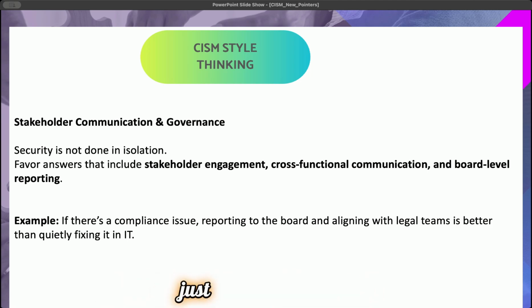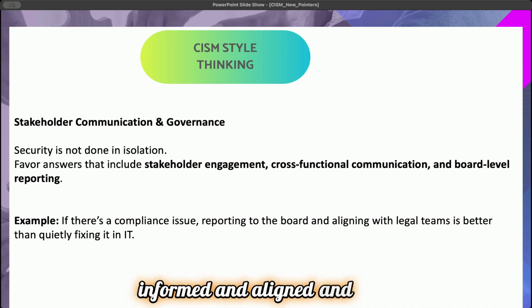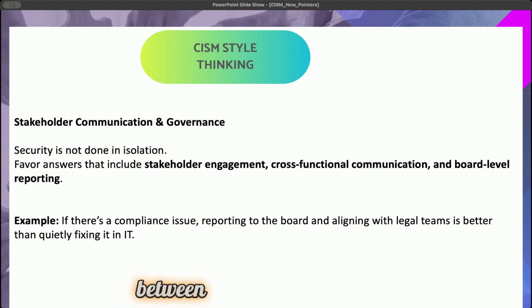Security is no longer just an IT issue, it affects every part of the business, including legal, HR, finance, operations, and especially executive leadership. CISM certified professionals must demonstrate the ability to engage stakeholders across departments, keep the leadership and the board informed and aligned, and facilitate communication between security and the business.